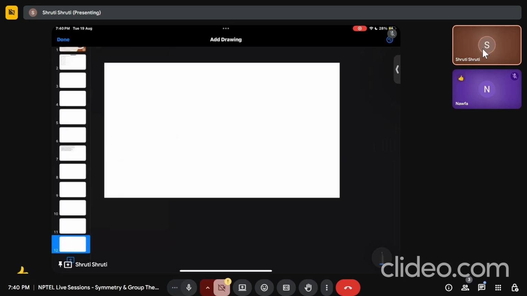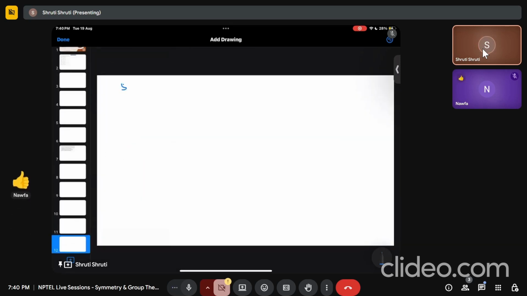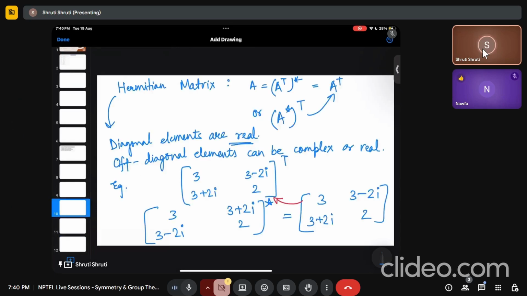And one more property is that suppose this is a Hermitian matrix, and it doesn't have any imaginary number. What will happen if you do a transpose and then conjugate of that?